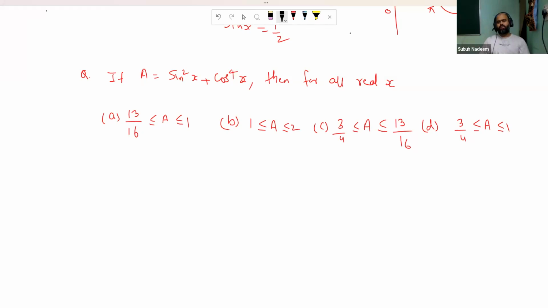Sir, here can I use the formula sin square x is equal to cos square x plus 1? No, sin square x is 1 minus cos square x. Yes, sir. Yeah, that you can use. Okay, sir.